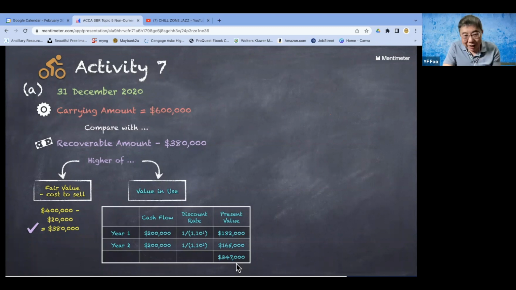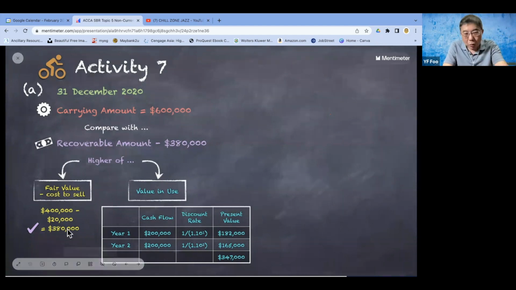Okay, so what it means therefore is that for this particular equipment, if you were to sell it now, you are going to fetch this amount. You're going to recover 380,000. If you are going to use it for the next 2 years, you're only going to recover 347,000. So as a rational person, you would probably want to sell it. That's our assumption.